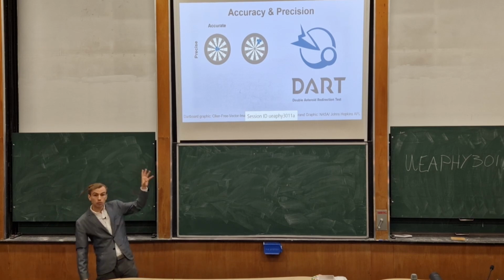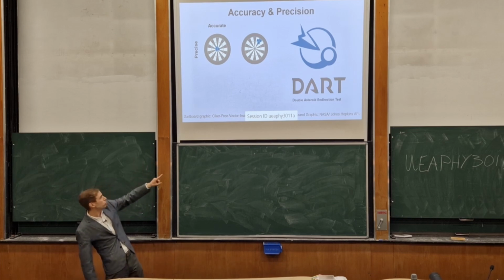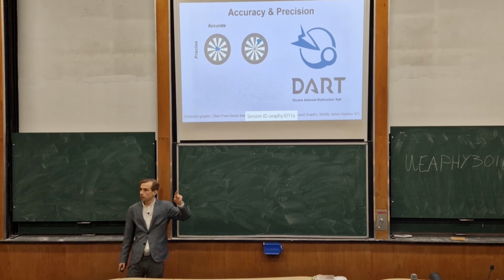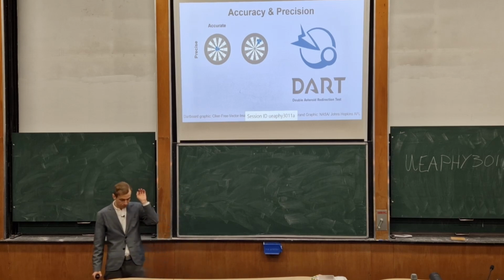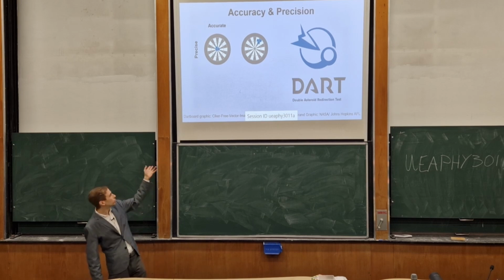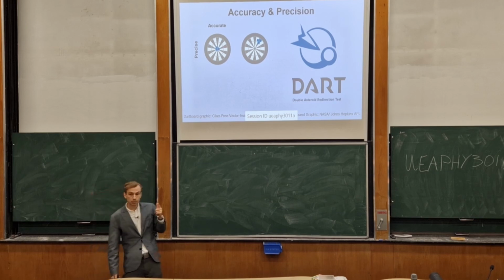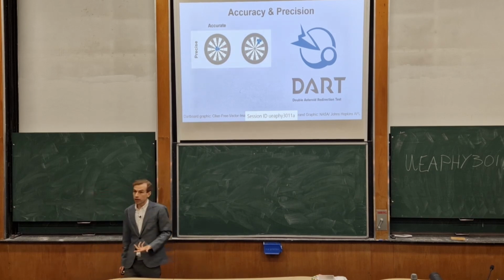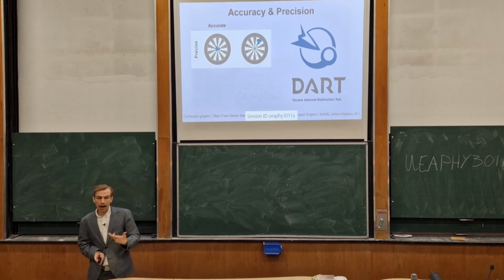The way we use these terms in science, we'd say that both of these dartboards are precise because they're both consistent. They're both all hitting the same place. It's just one is off by a bit. So we would say that this dartboard is precise, but it's inaccurate. And that's really the difference between precision and accuracy.